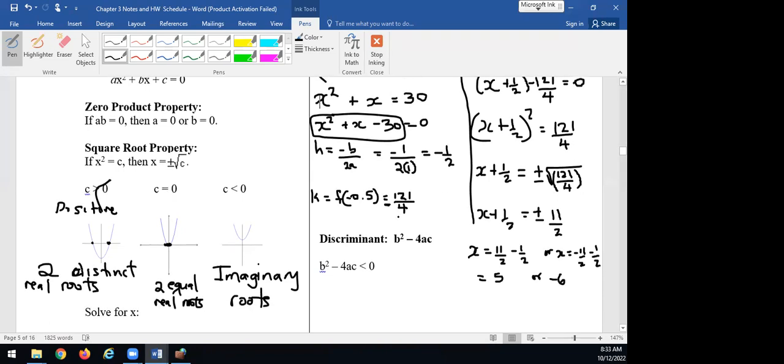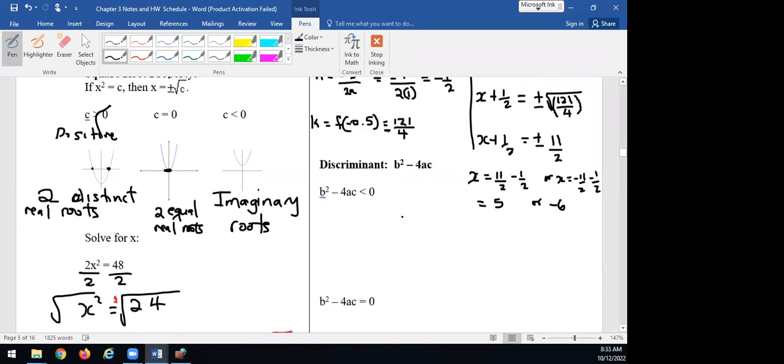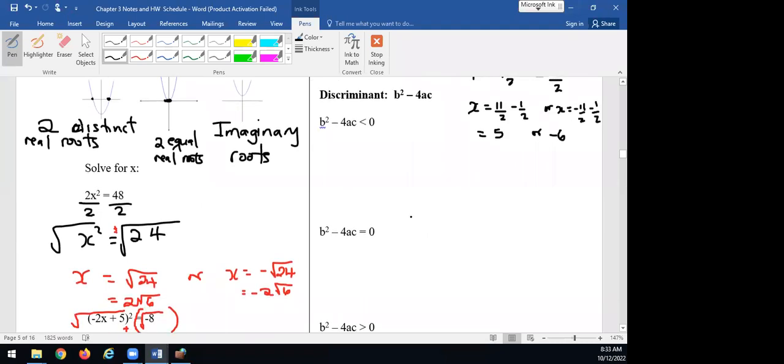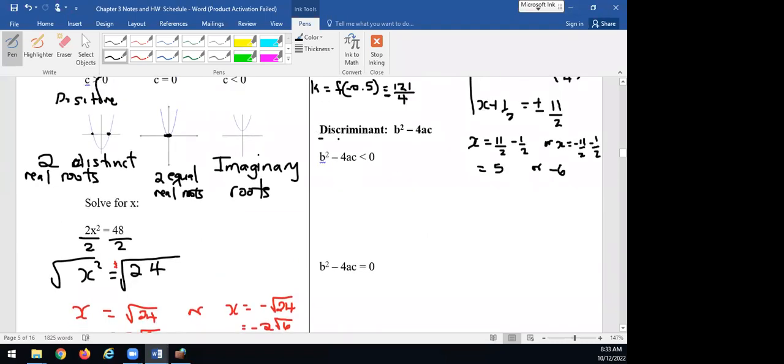Now we're going to move on to discriminant. Now, when you find the discriminant, you're basically finding the number and nature of roots that your quadratic will have. All right, that's what the discriminant tells you.